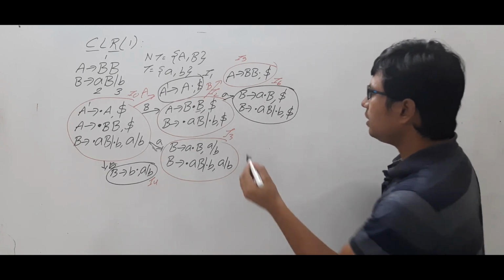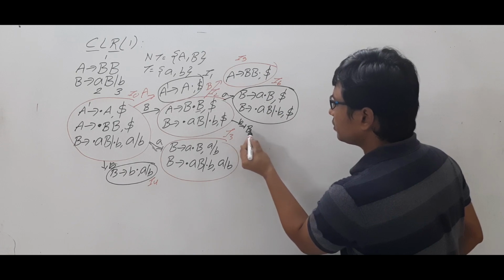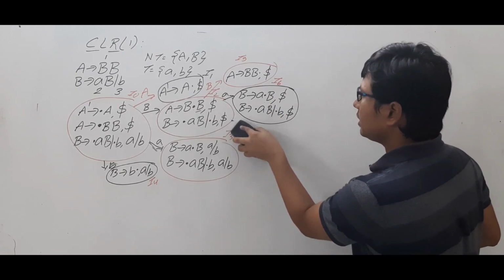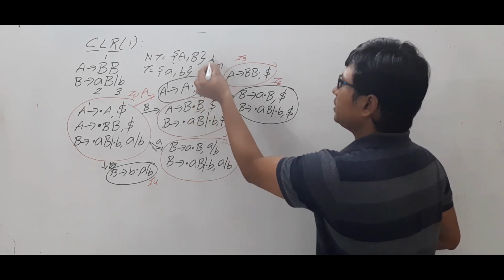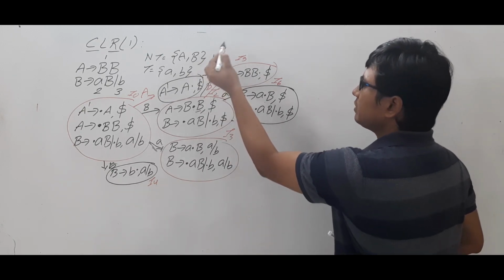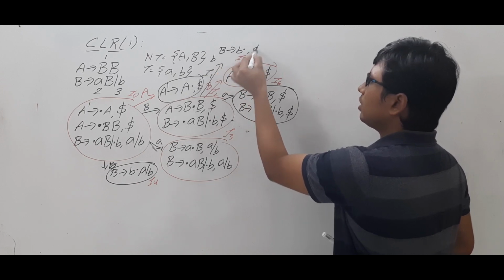Okay. Now on B, where will it go? Let me write here on B, using the space properly. I2 on B will be B determines B dot, dollar.